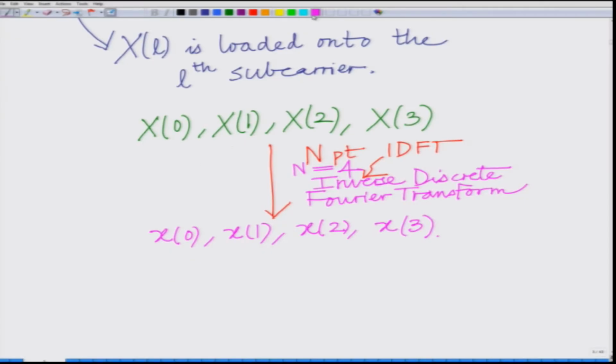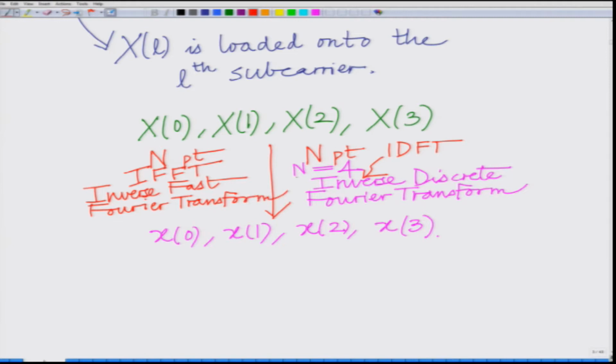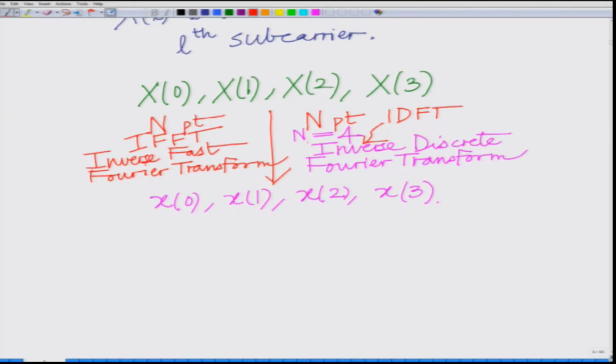This can also be performed very efficiently using the inverse fast Fourier transform. Typically the N point IDFT is the same as the N point IFFT, which is simply a fast algorithm to perform it.